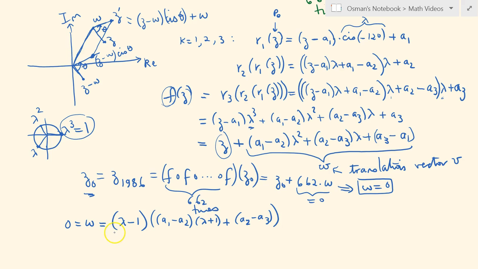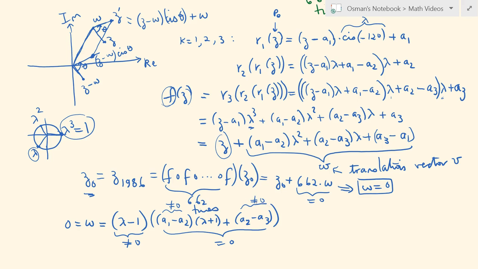But look, this whole thing is 0, suggesting either this first part is 0 or the second part is 0. Obviously, lambda minus 1 is not 0. Why? Because lambda itself is not 1. So this is definitely not 0, suggesting that the second guy has to be equal to 0. Again, I just realize here that a1 minus a2, because our triangle has 3 separate points, they are not the same points, is not equal to 0, and similarly a2 minus a3 is not equal to 0.